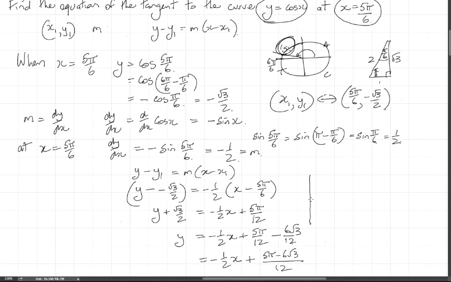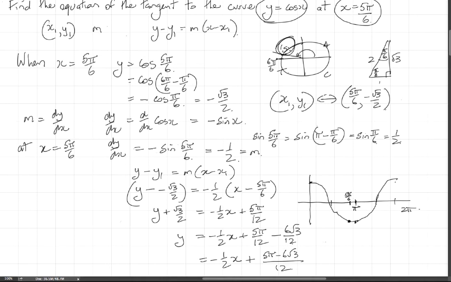Just to get a little bit of a handle on what that looks like, if we had y equals cos x between 0 and 2π, π will be down the bottom, so it's going to cut there and there. And that's π, where is 5π/6? 5π/6 is just a little bit before π.